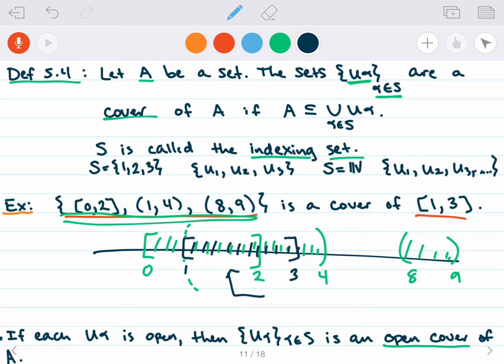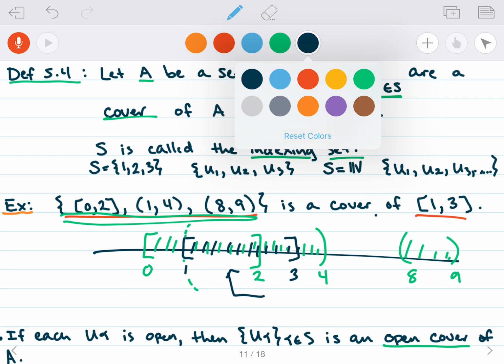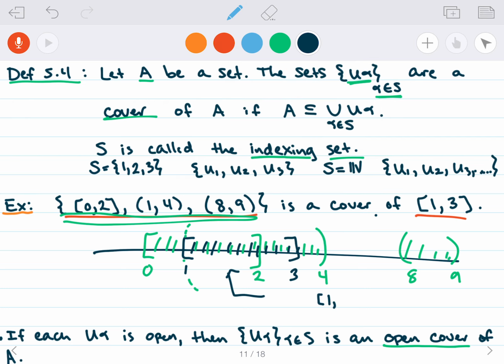We can say it a little more formally. 1, 3 is contained in the union of 0, 2, union 1, 4, union 8, 9.